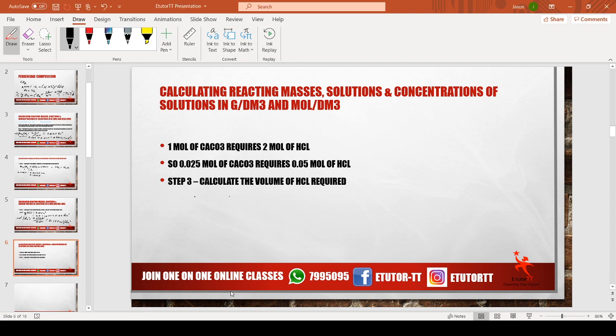So the equation goes like this. So we have the amount of moles in the substance divided by the concentration.